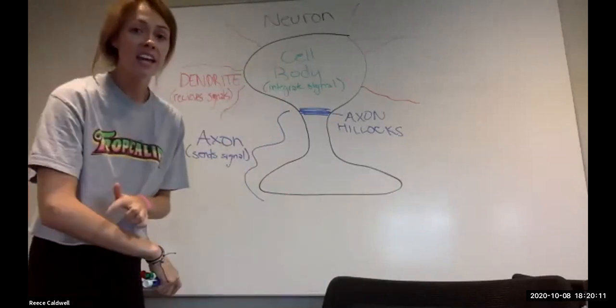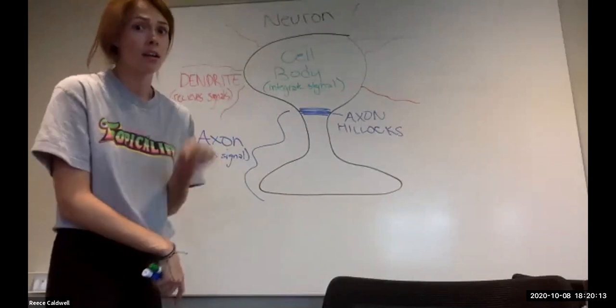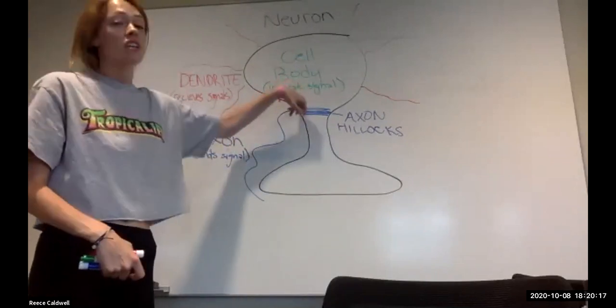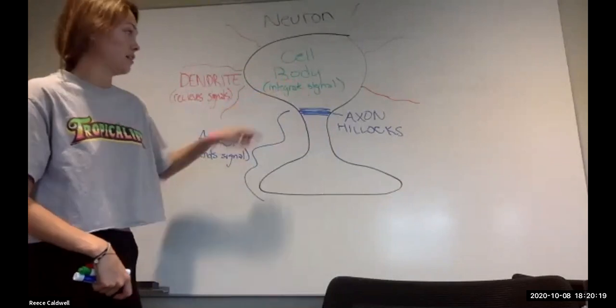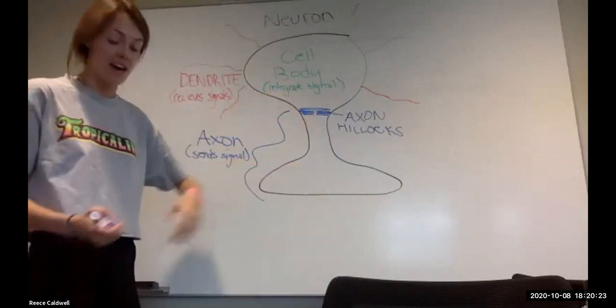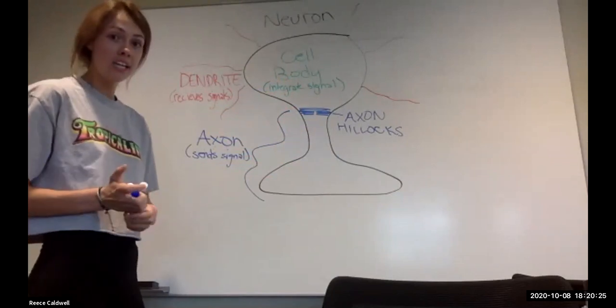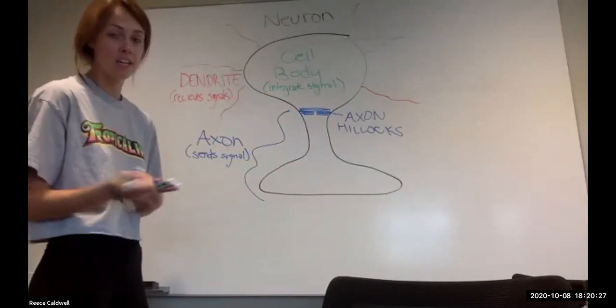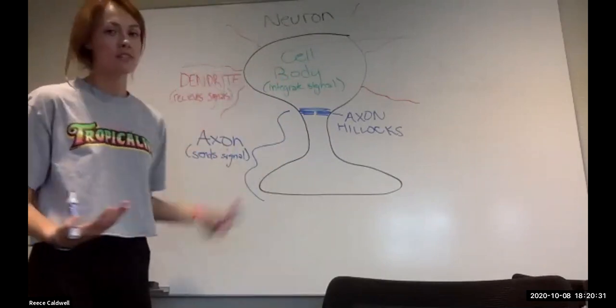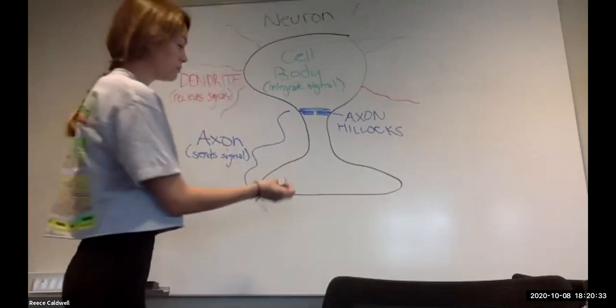Now, if a bee lands on you, bees are a lot bigger and they don't numb you and they actually sting you, your cell body would pick that up and it would pass the axon hillock, be sent down the body of the axon, and then it would leave. We're talking about electricity here, so all of this is electrical and chemical.